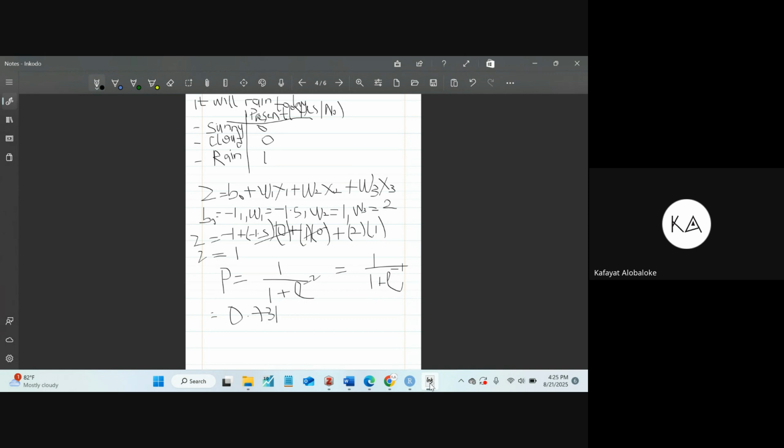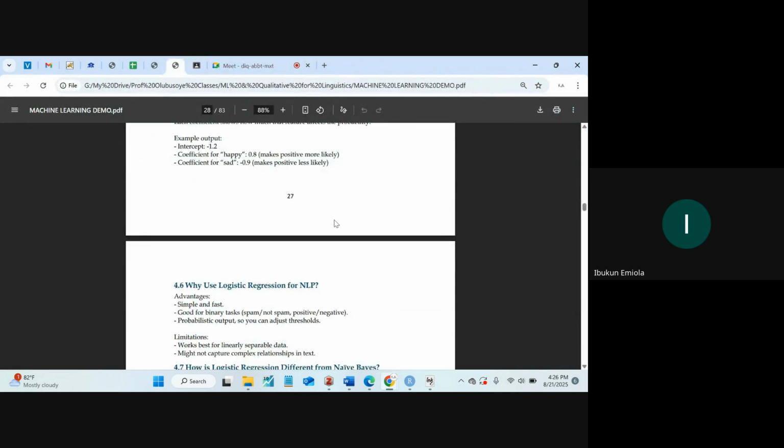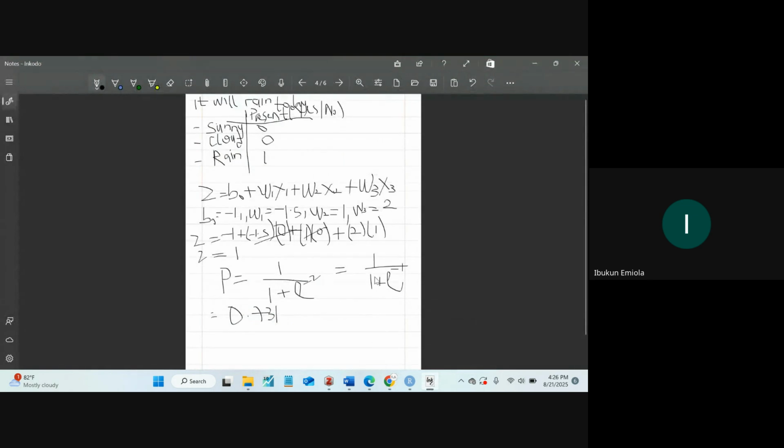Anybody? Okay. The decision rule is if P is greater than or equal to 0.5, it is positive. And if it is less than 0.5, it means negative. Yes, negative.